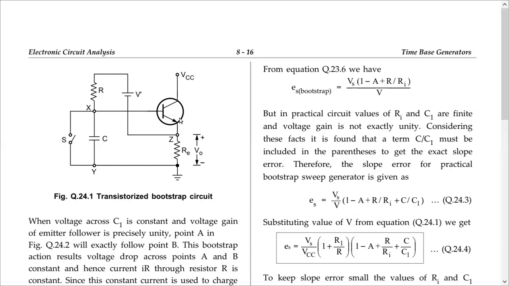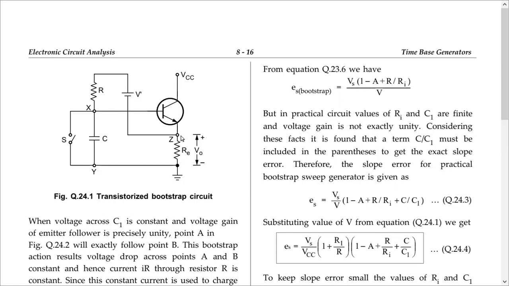Voltage gain will be 1. What do we mean by voltage gain 1? Whatever voltage we give at the input, the same voltage we get at the output. So the voltage that we give here will be the same as the voltage here, meaning the voltage at point X, Vx, will be equal to Vz.